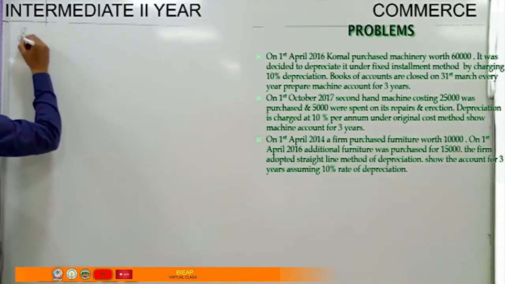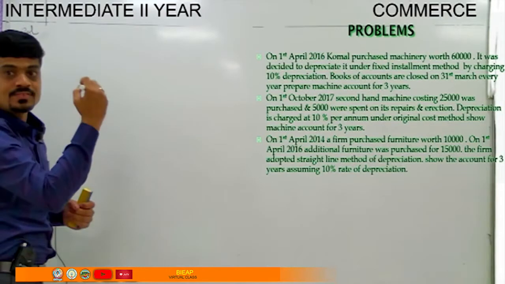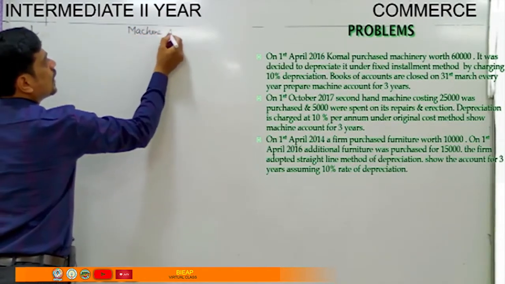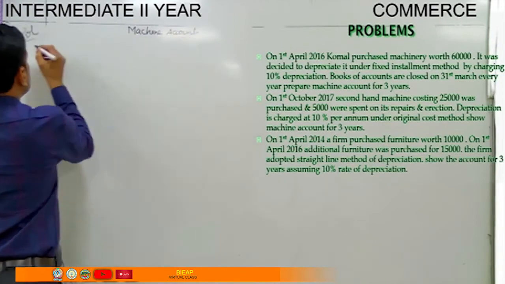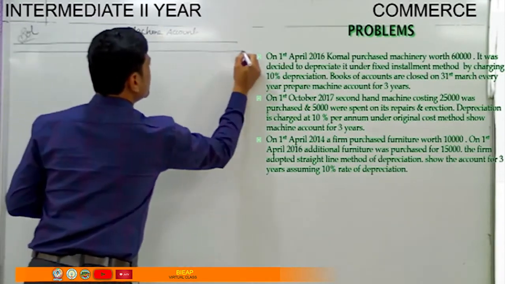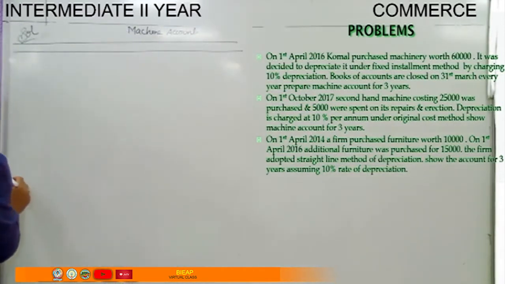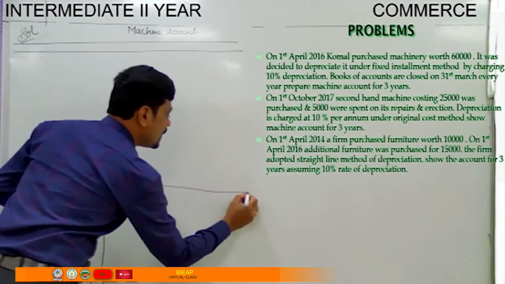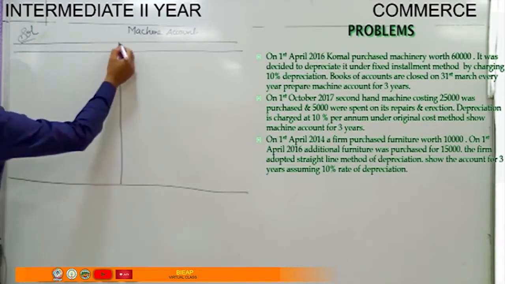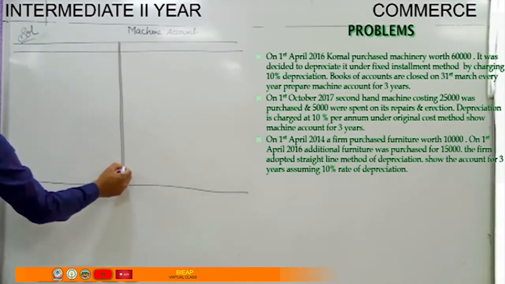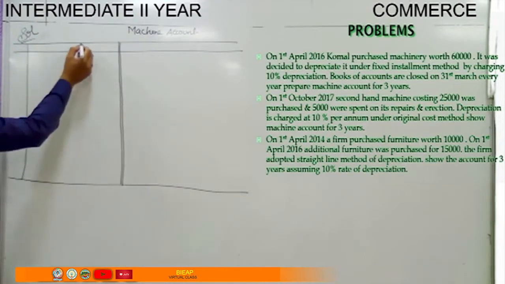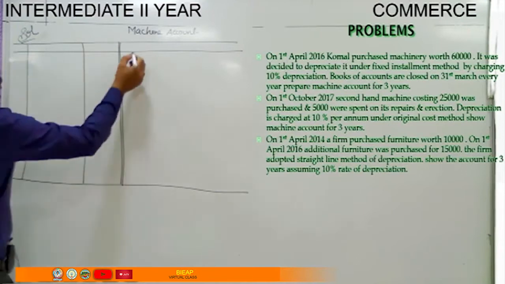So here again, solution. What is the name of the asset? We have bought one, so as it is a machine account, drawing the account will follow the same principle. Don't get deviated from the principle. They told 3 years, so half a page will be sufficient. Fold the page, keep the scale and draw the vertical line, looking like the shape called T account. Now give the columns: date column, particulars column, amount column.